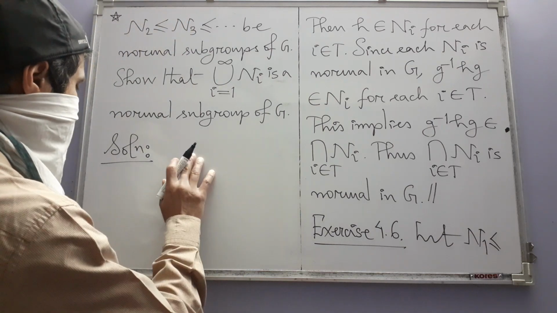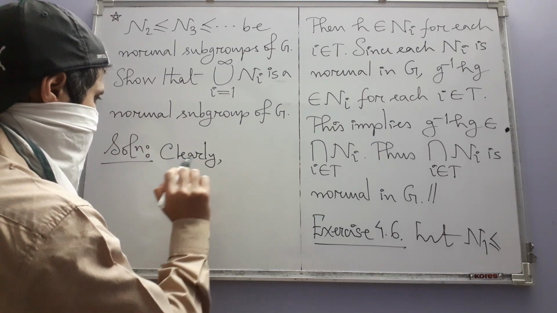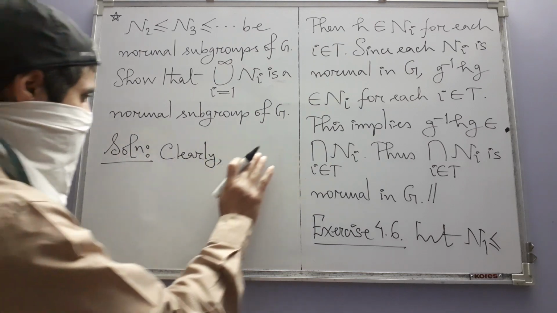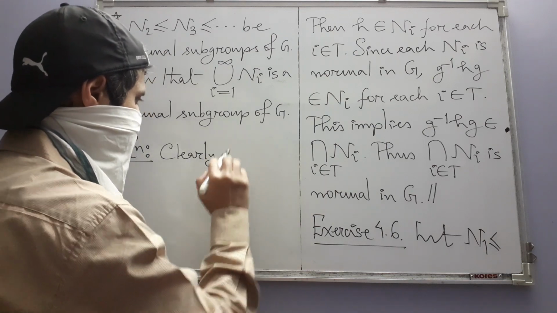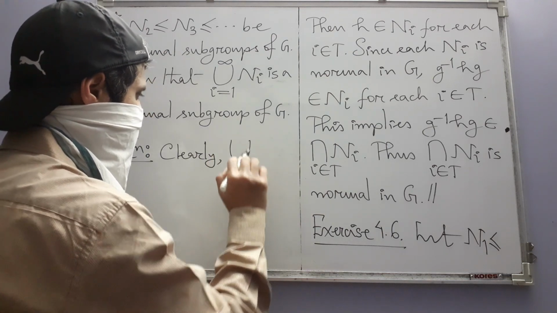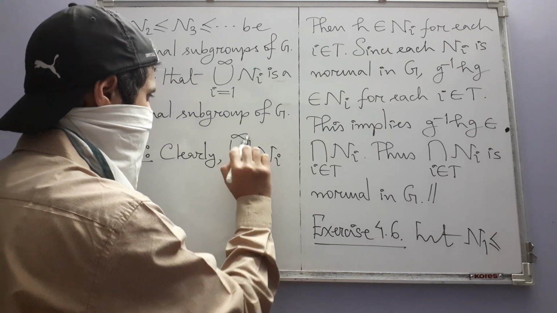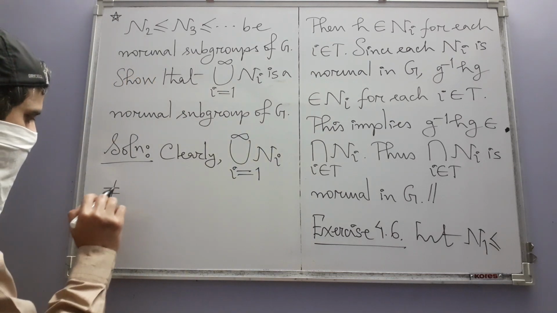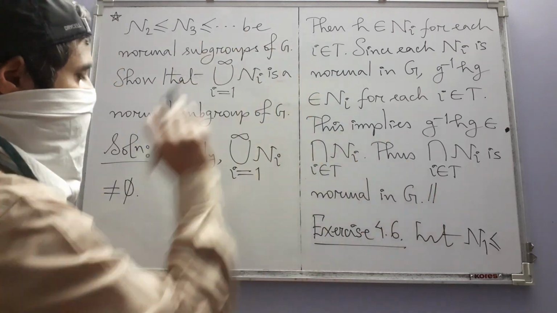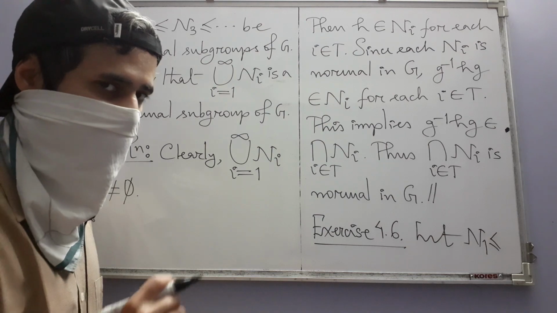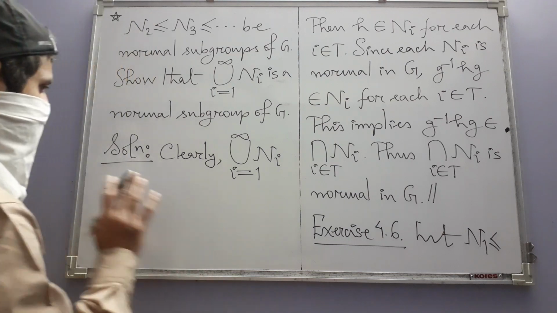Here, however, that's easy to see, but we mention it. We do not just simply go for the subgroup condition. Clearly, the union is non-empty. Why? Because the union contains all these subgroups as subsets, and each one, being a subgroup, is itself non-empty, so the union is non-empty.